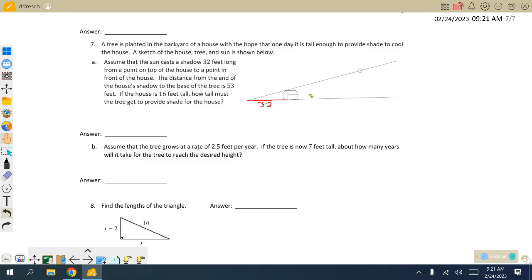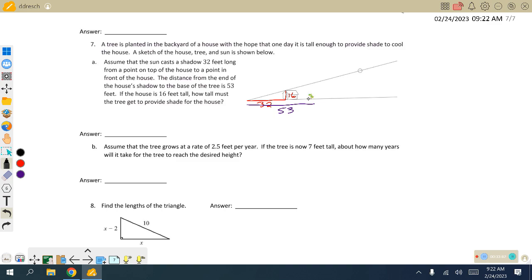Now, the distance from the end of the house's shadow to the base of the tree is 53. If the house is 16 feet tall, we've got that: 16 feet. How tall must the tree get to provide shade for the house?